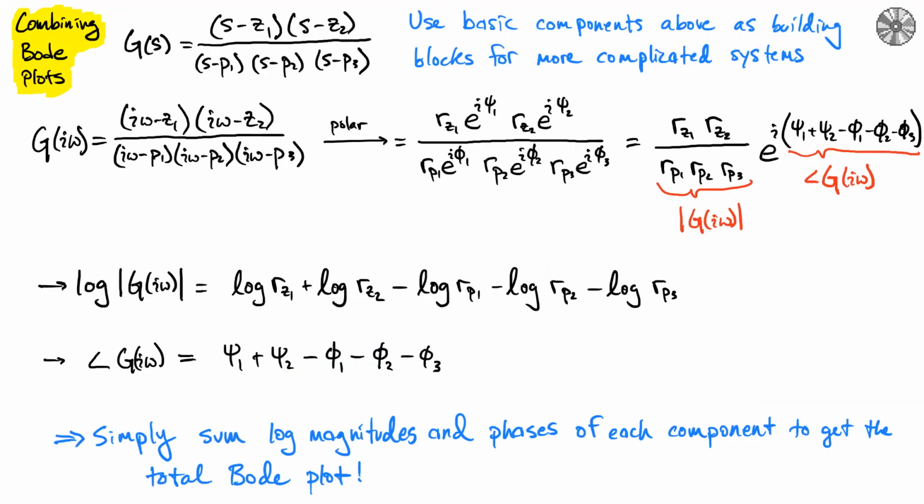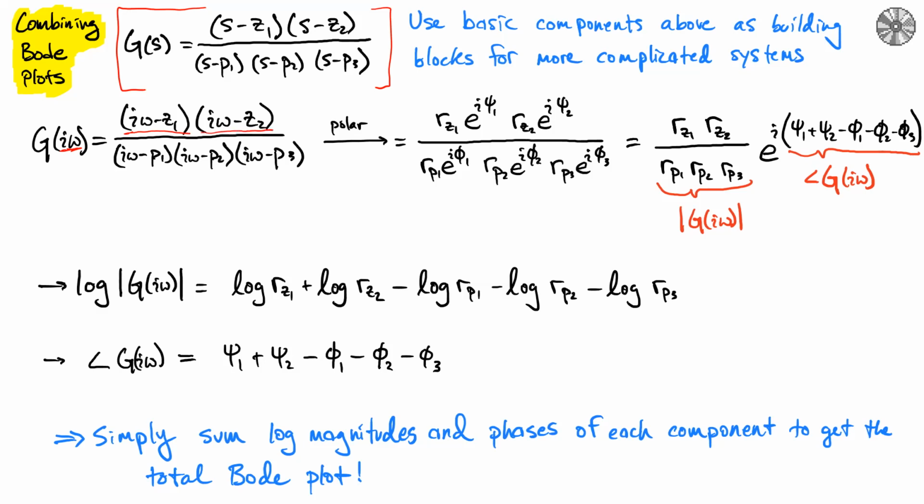And so one of the really cool things about Bode plots is that we can build them in modular pieces and then combine them together. So if we have this kind of arbitrary system up here that has 2 zeros and 3 poles, when we evaluate G at i omega, we plug in i omega for s, and we get each of these expressions.